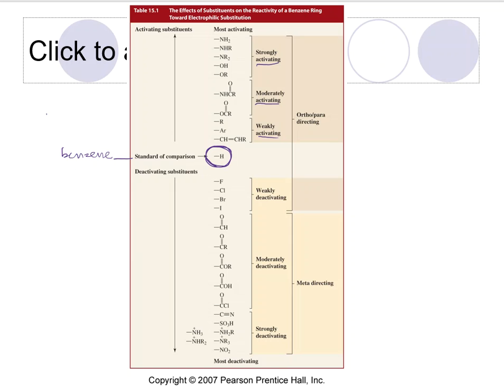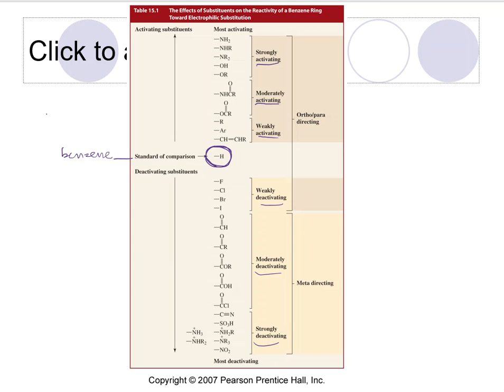Down below hydrogen, weakly deactivating, moderately deactivating, strongly deactivating. That means that benzene is a poor nucleophile. It can still react. Don't take me the wrong way. It can still undergo a reaction. But as far as definition of a nucleophile goes, it's a little different. The group is affecting it in a different way. In addition, this chart is going to tell you another tidbit of information. Really the piece that's most important to us.